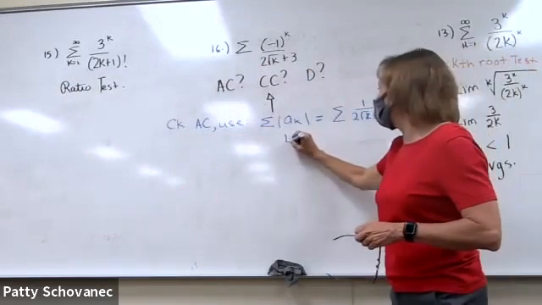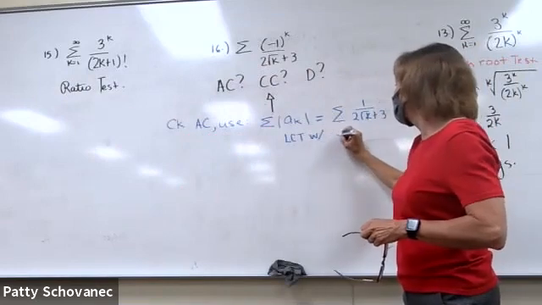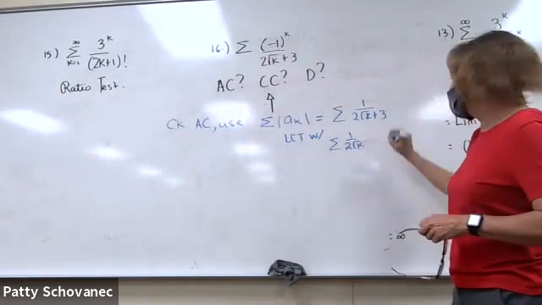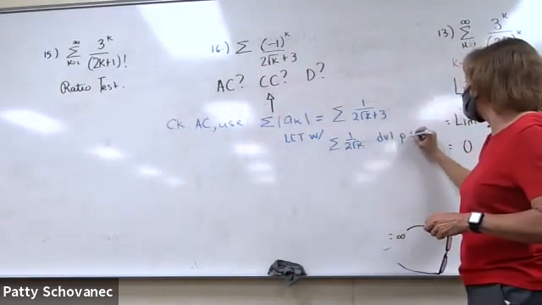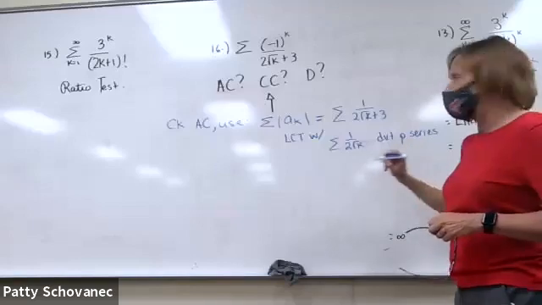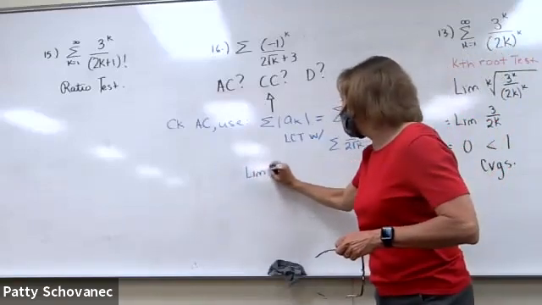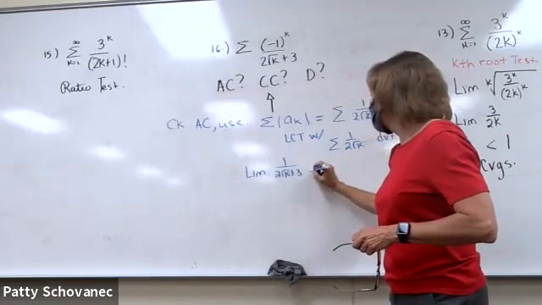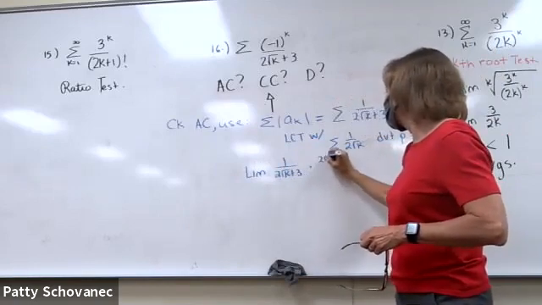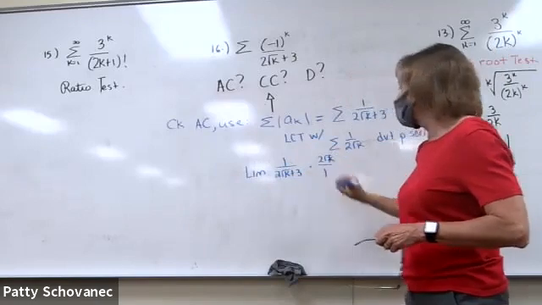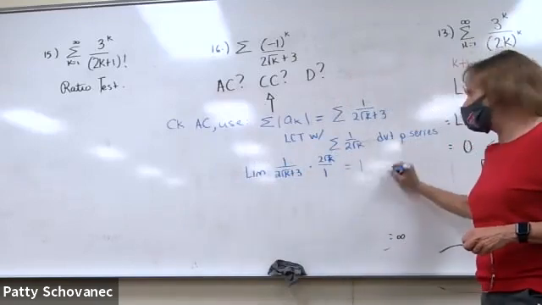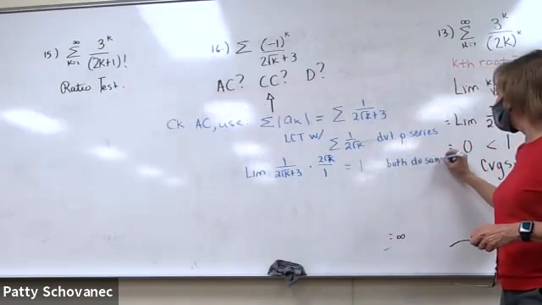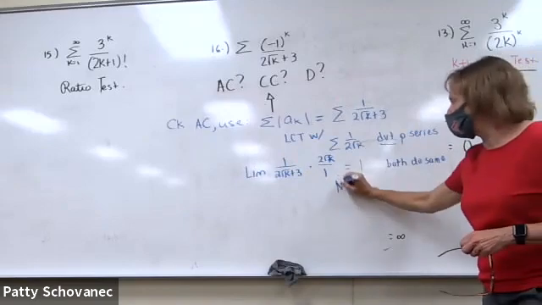And so I'm going to do a limit comparison test with the series 1 over 2 square root of k, because that is a divergent p series. In my limit comparison test, I take the limit of my given series with my comparison series. I get a limit of 1, so they both do the same. So it's not absolutely convergent.